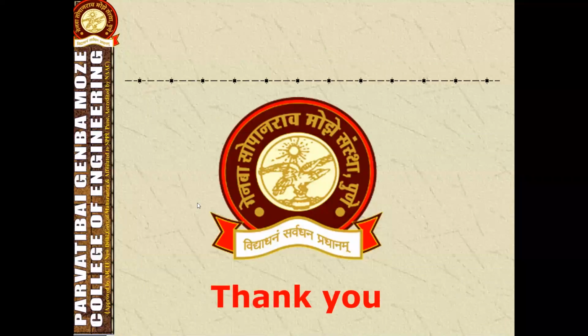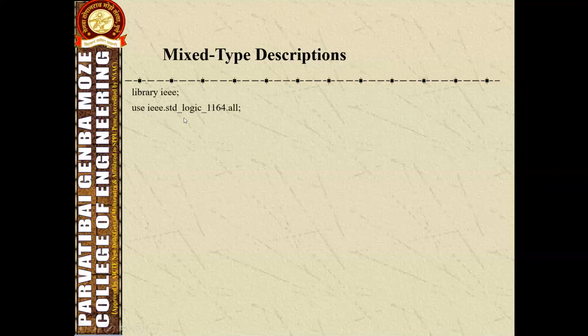I have already mentioned the library here. So let's begin directly with the architecture, because the entity part we have seen in many examples. In this problem, we are going to focus on how the architecture is designed with the mixed type of description.